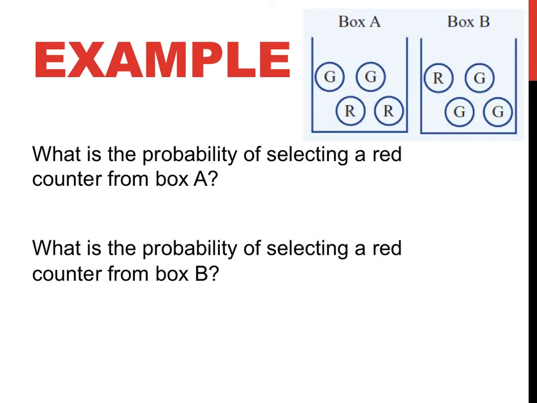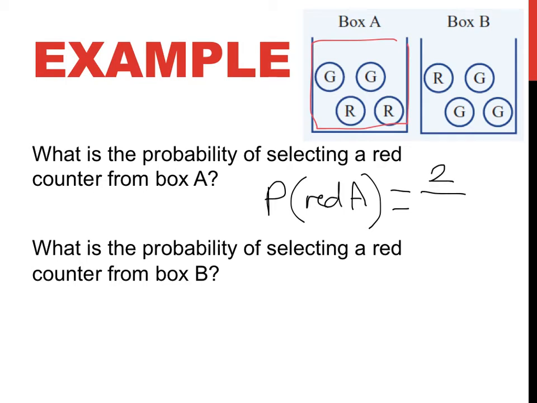What is the probability of selecting a red counter just from box A? Let's have a look at box A specifically. There are 4 counters. The probability of red from box A: how many reds are there? There's 2. Over how many altogether in box A? 1, 2, 3, 4. 2 over 4. Always simplify it as a half.